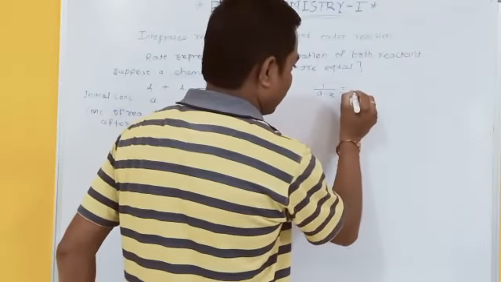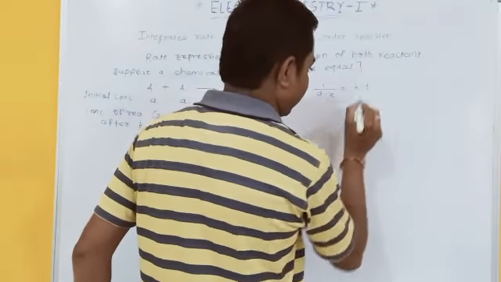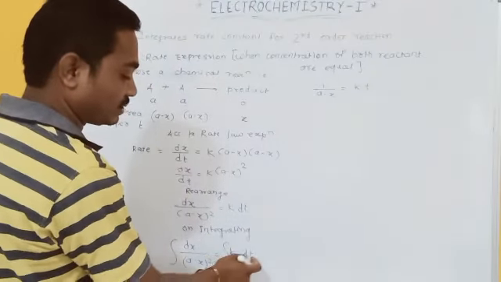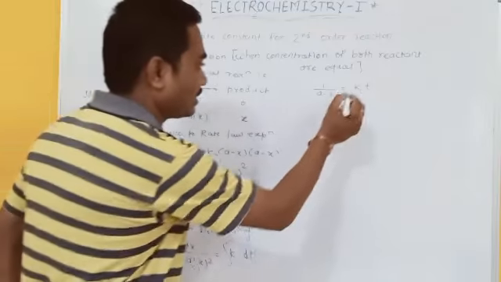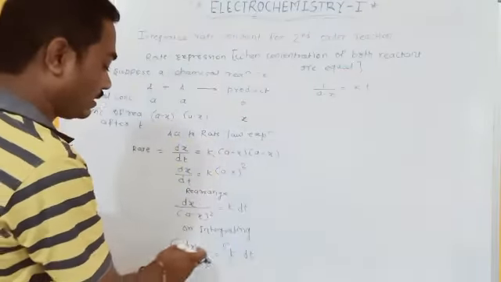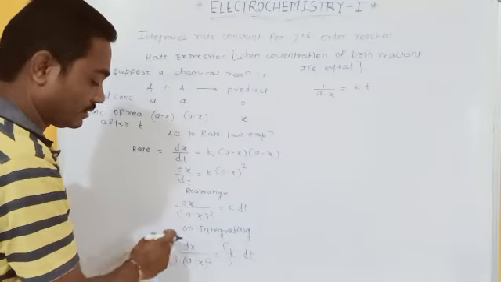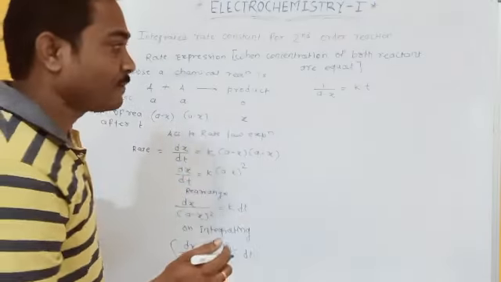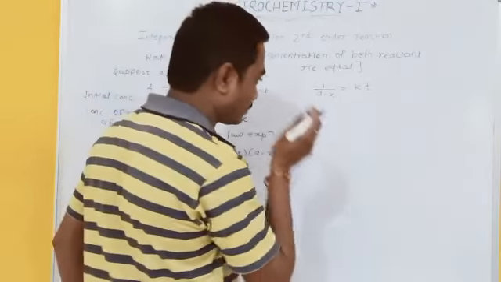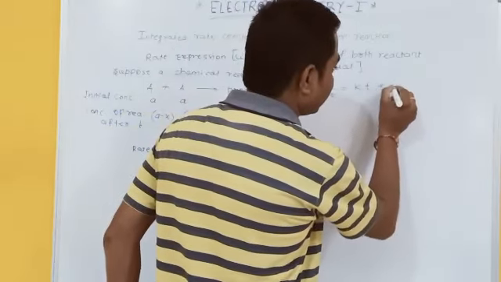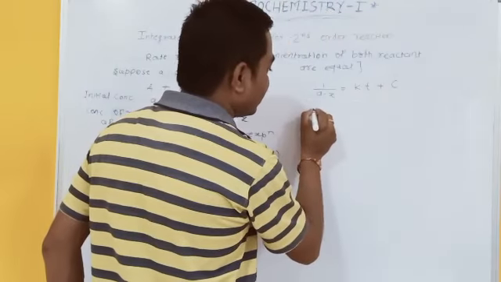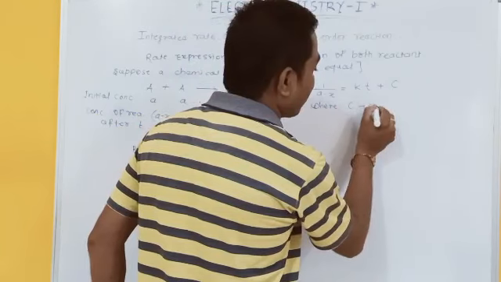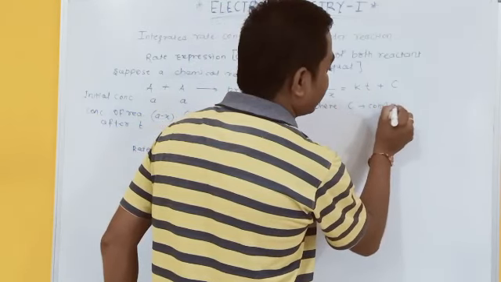This is equal to kt, because k is taken as a constant and the integration of dt is t, plus c, where c is the constant of integration.